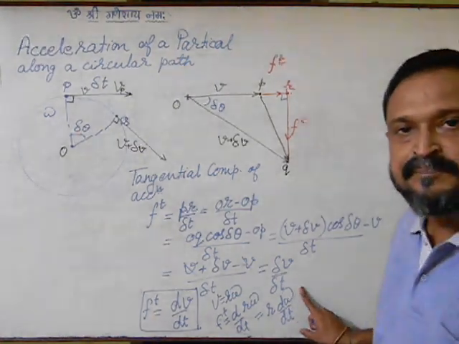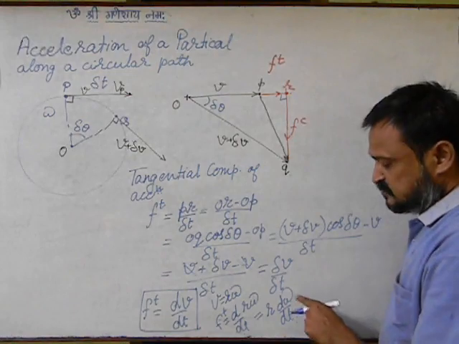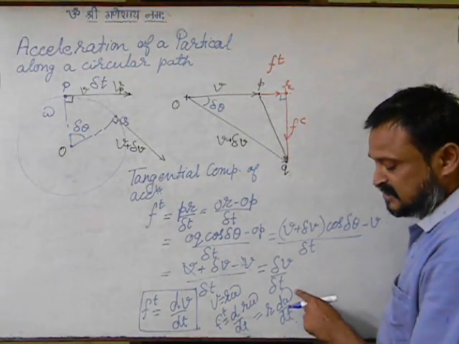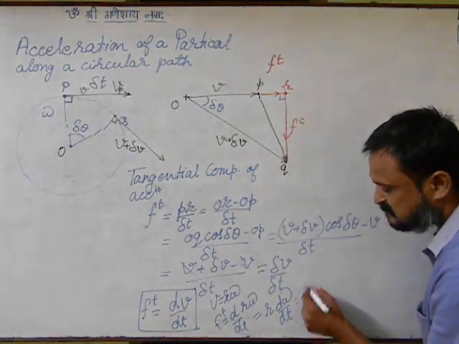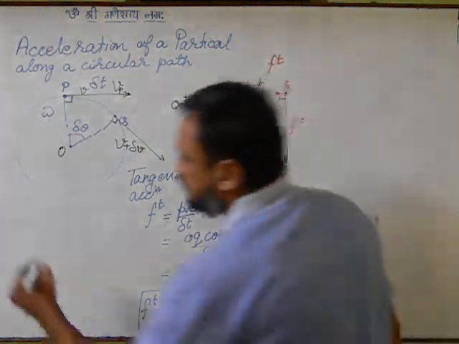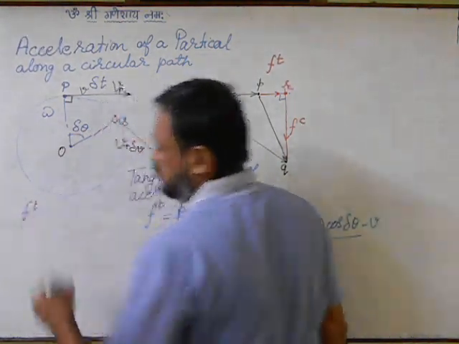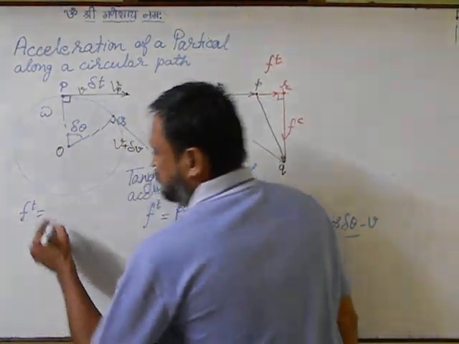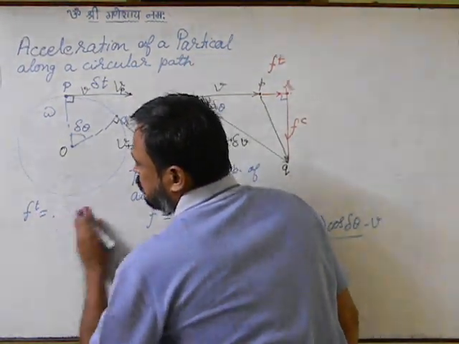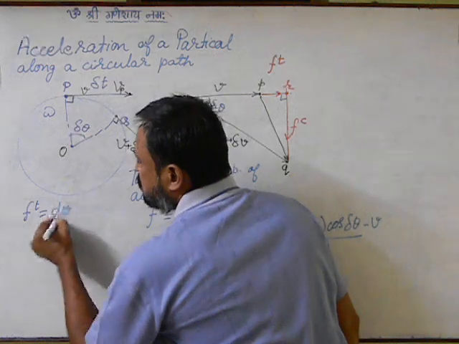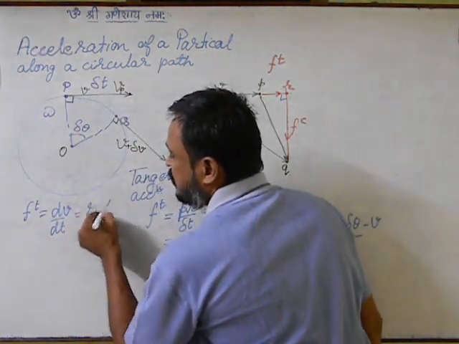Now omega is the angular velocity, so d omega by dt will be the angular acceleration. So it will be r alpha. So the tangential component of acceleration is dv by dt, or it is r alpha.